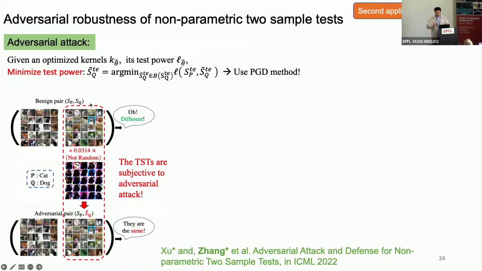The non-parametric two-sample test can correctly differentiate these two batches of cats and dogs coming from different distributions. But if we add some small noise, almost all the two-sample tests will wrongly judge the adversarial pair. They think they can come from the same distribution.